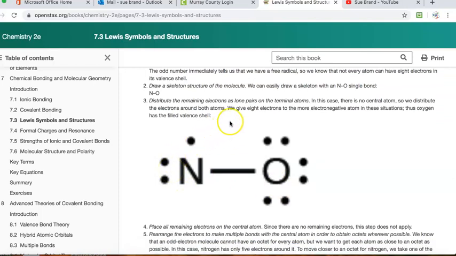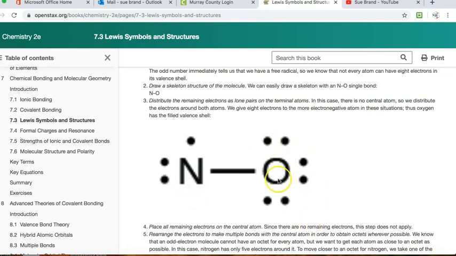You distribute the remaining electrons as lone pairs around the terminal atoms. In this case, you don't have a central atom, but they're both considered terminal atoms. So you're going to give electrons to the more electronegative atom. We talked about electronegativity. The halogens are more electronegative than group 5 or 15 elements, like nitrogen.